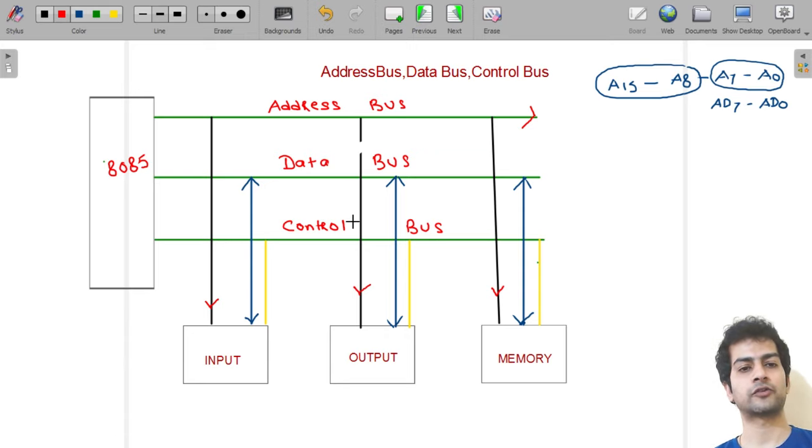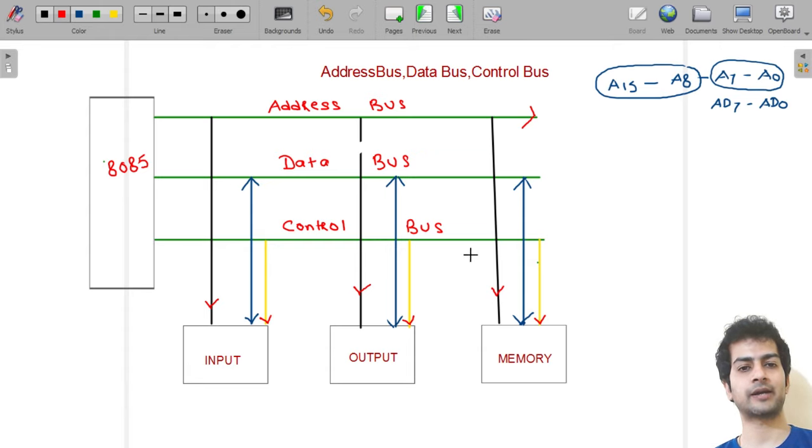What is the function of the control bus? It is to take control signals from the microprocessor and then give them to input, output and memory. For direction's sake, I am showing it as unidirectional, but it is partially bidirectional.